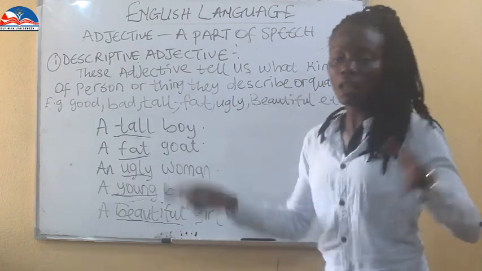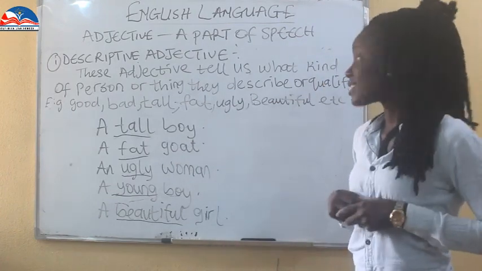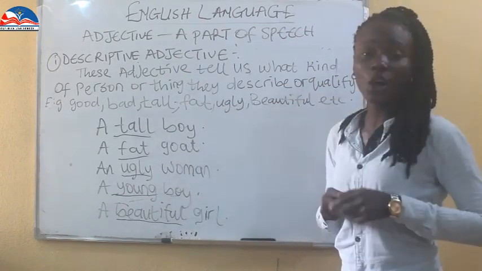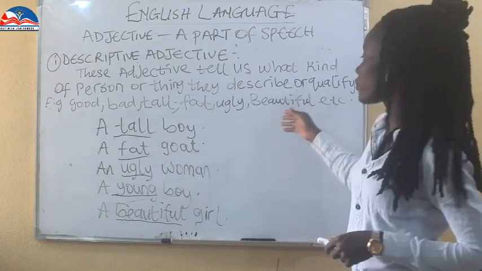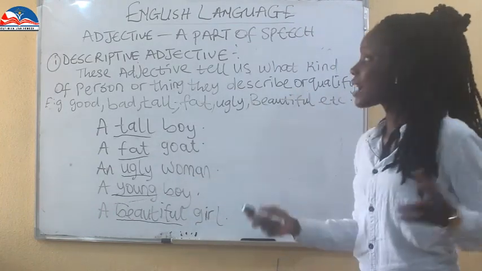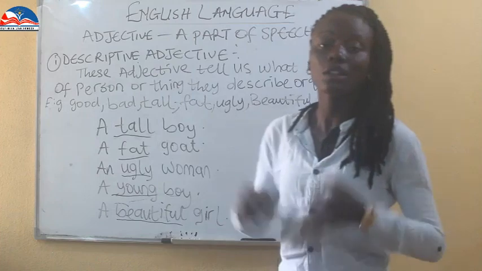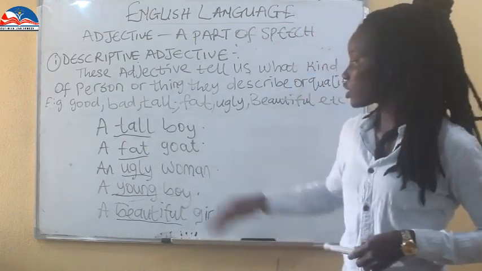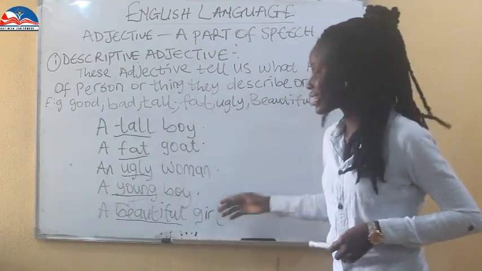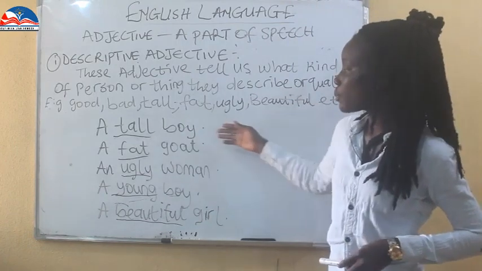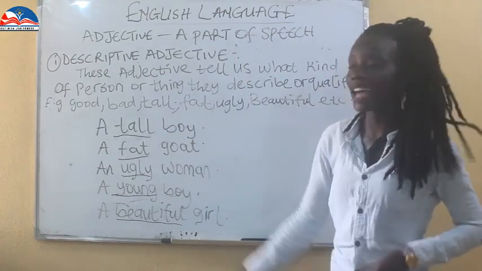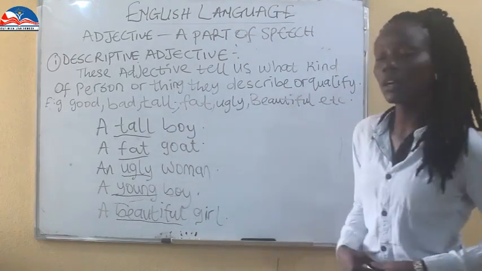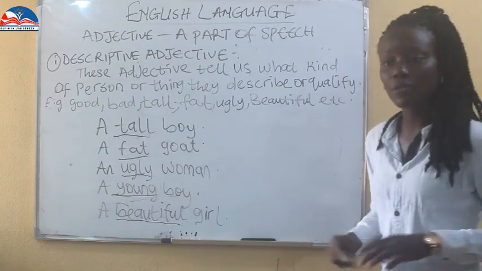A fat goat. An ugly girl. Beautiful, etc. We have a lot of examples on descriptive adjective. We just used a few examples here today: a tall boy, a fat goat, an ugly woman, a young boy, a beautiful girl.